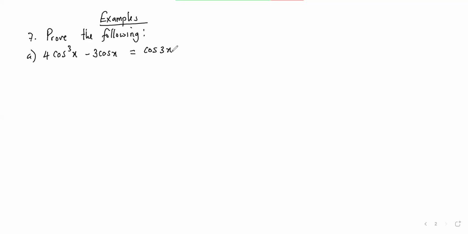So, if I'm given such, it's very difficult for me to compress this to that. But it's easier for me to expand the cos 3x into the separated one. So we'll start with the right hand side. So we'll pick the right hand side and say, we know that cos 3x can be written as cos of 2x plus x.